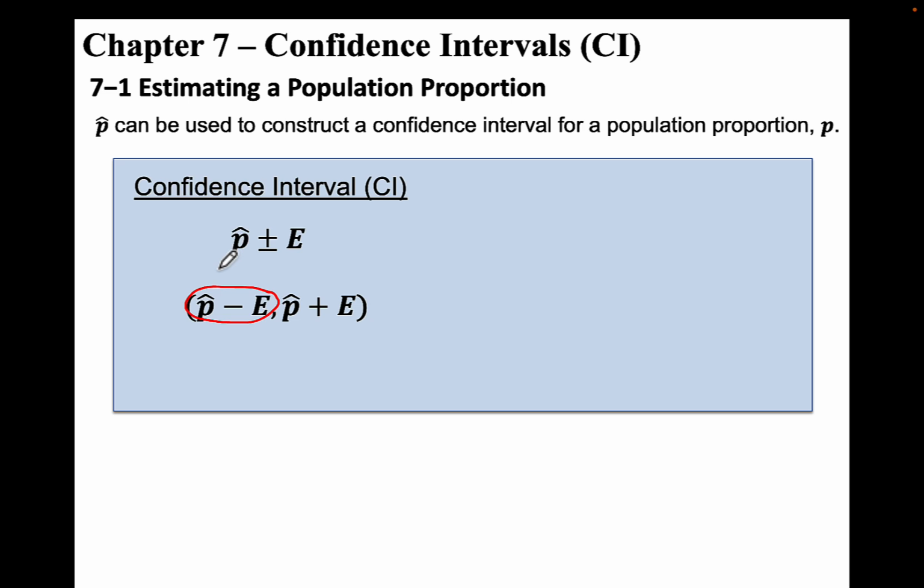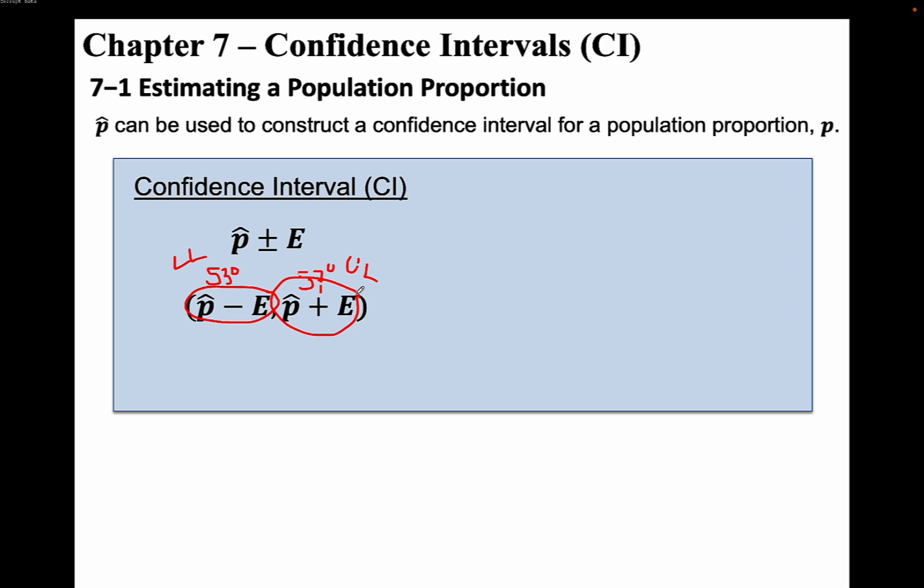That would give us 53 degrees as what we call our lower limit. Then you do a comma, and then this is how we calculate our upper limit. Using the temperature example, that would be 55 degrees plus 2 degrees. So that would be 57 degrees. And that right there is called our upper limit.